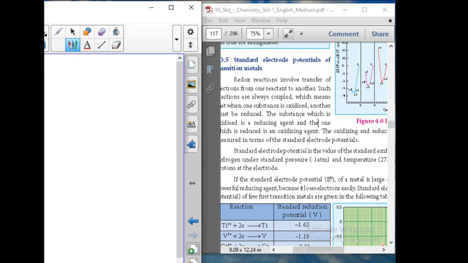The oxidizing and reducing power of the elements can be explained based on the standard electrode potential. This standard electrode potential is always a reduction potential.